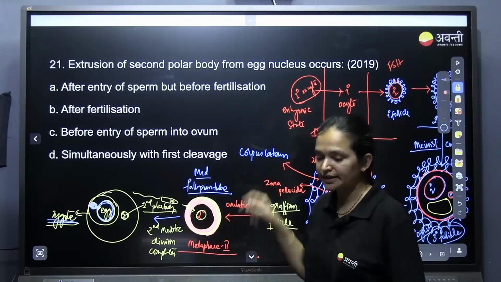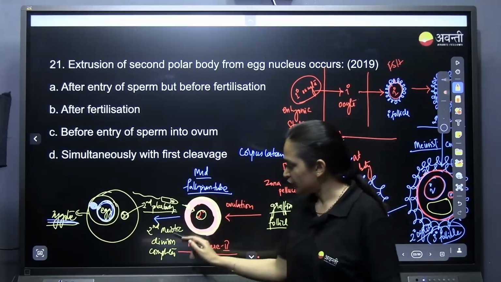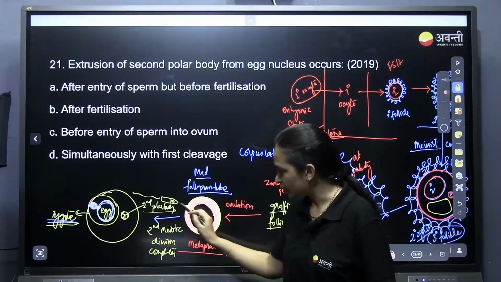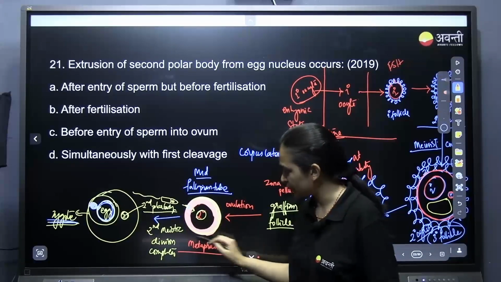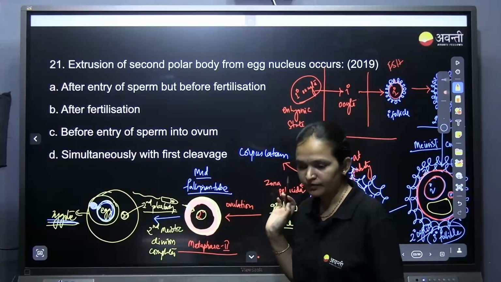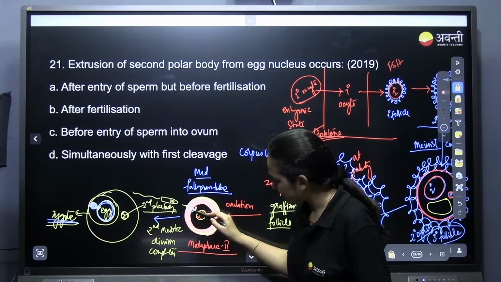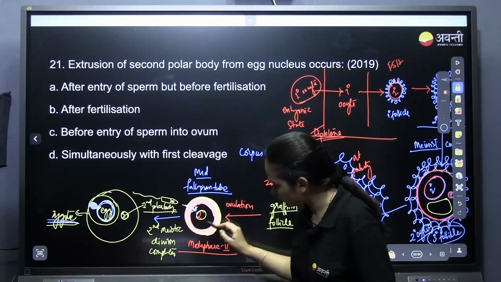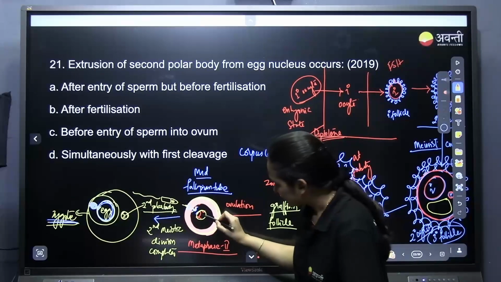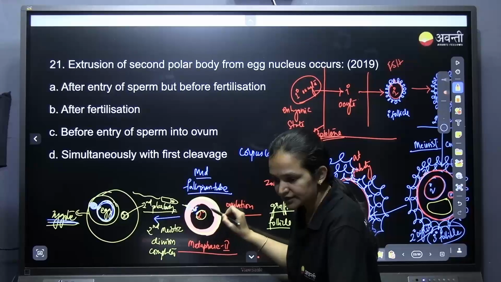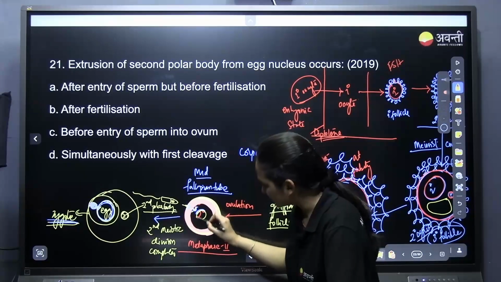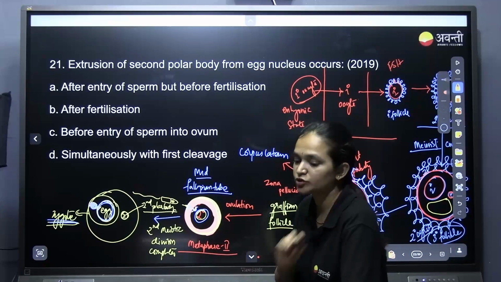Before the entry of the sperm it doesn't. The second meiotic division completes only when the receptors of the zona pellucida receive the sperm. Understanding? When it comes inside but has yet to fertilize with the egg, the second meiotic division has not taken place. This is still the secondary oocyte only, it is not ovum.